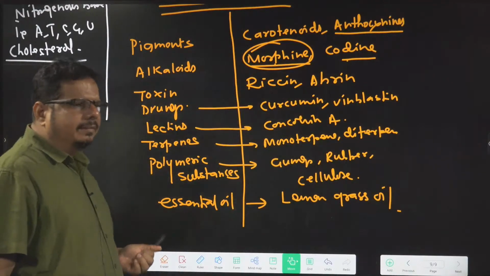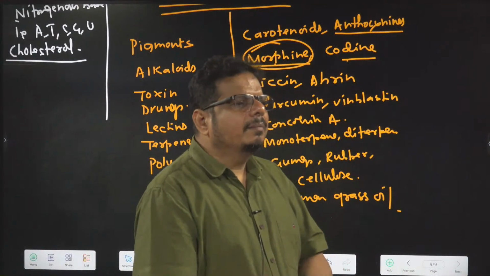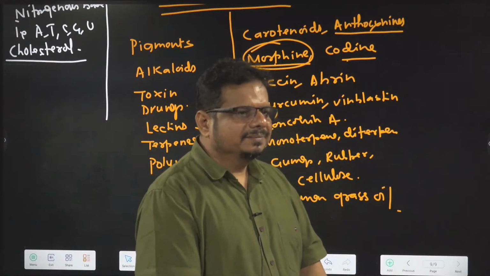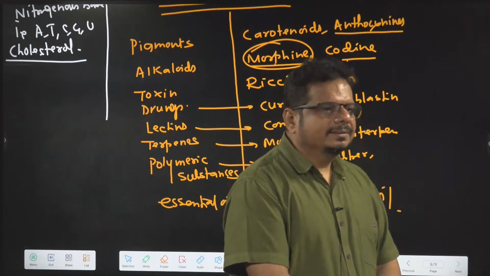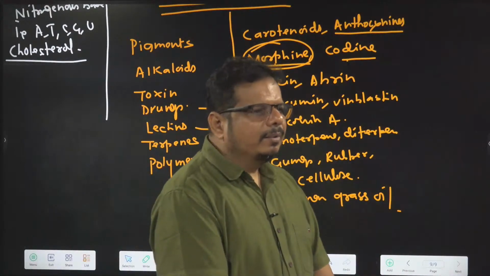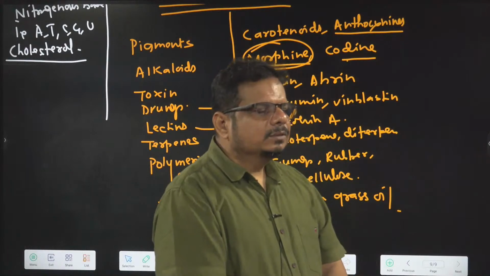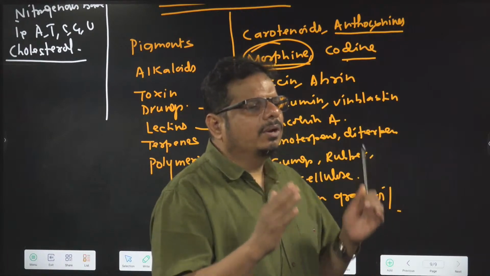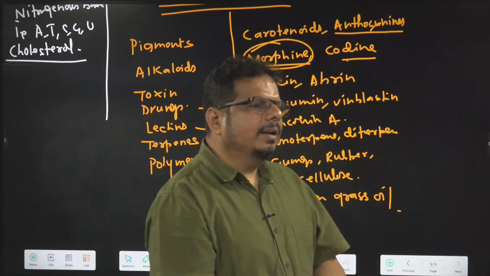I am just telling another secondary metabolite example. An example, caffeine. It is not written here. Caffeine is also an alkaloid. Caffeine is present in tea and coffee. So it has a role in human welfare, but why is the plant producing it? For every secondary metabolite, we don't have much idea about their physiological role in the plant.